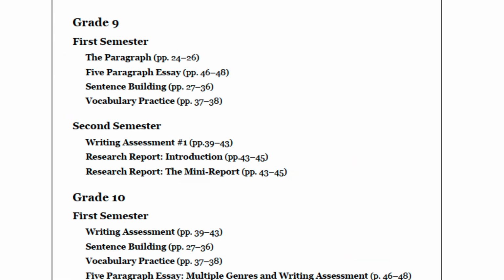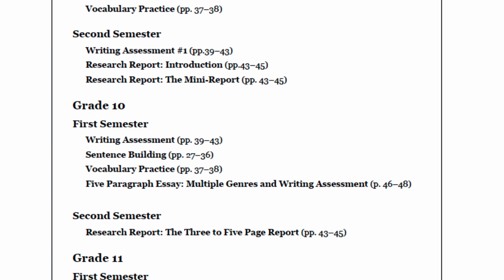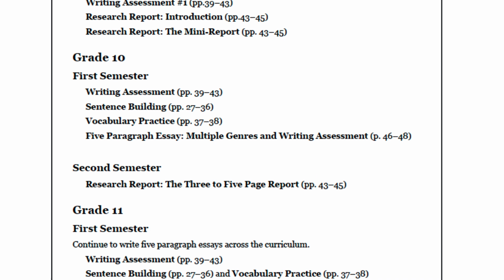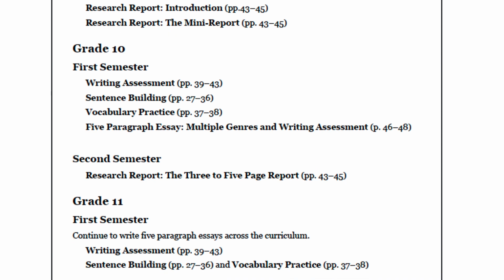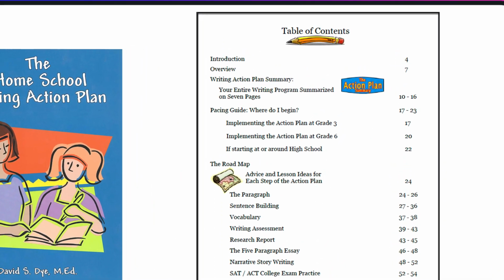Well, what if you're starting in high school and you've only got a couple years left and you really want to get the most out of this? It shows you, okay, if you have older students, start here. Here's your pacing. And this resource could really be good for public and private school teachers as well, if you need an idea of how to put all the pieces together.